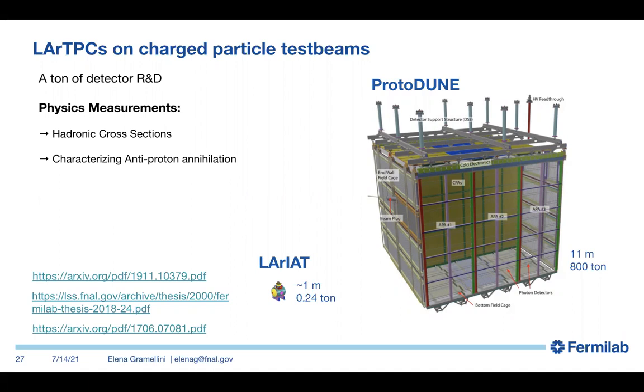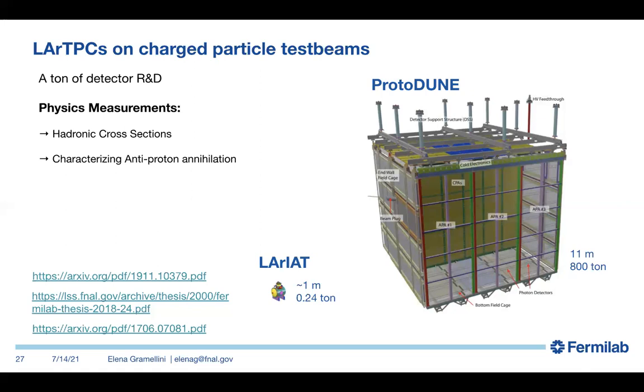LArIAT, as I was saying 2 days ago, is a pretty small detector, on the order of a meter. ProtoDUNE is gigantic. It's a cube of 11 meters. And the type of physics that you do in these detectors is hadronic cross sections.